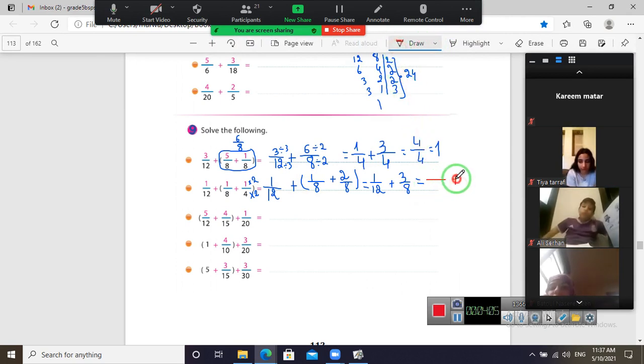I have two fractions whose denominator is 24. I will multiply 12 by what to give me 24? By 2. And here 8 times 3 gives me 24. That's 2 plus 9. It will be 11 over 24.